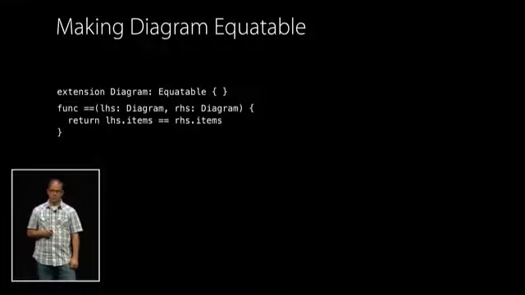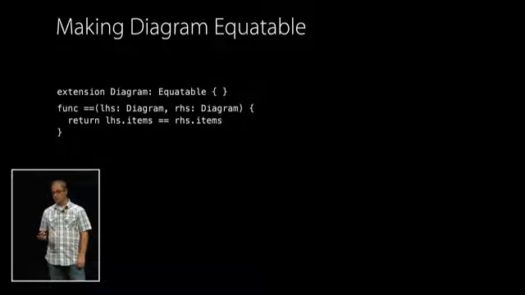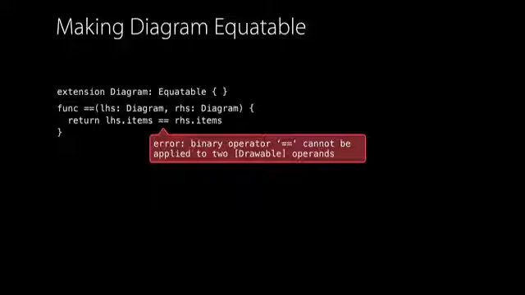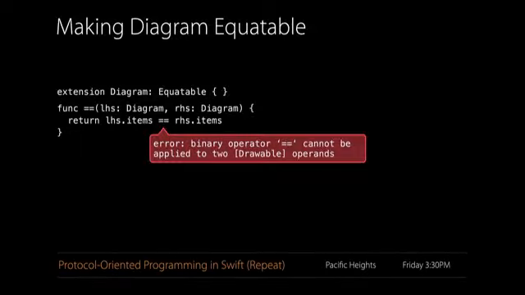Of course, we also want to make our diagram struct Equatable. So we implement the protocol, and this would be the straightforward implementation that we would look at doing. However, if we do that, the compiler says, hey, wait a minute, I don't have an equals equals operator for these two values on either side of that equation. Again, I'll refer you to the Protocol-Oriented Programming talk where we talk through all the details about how that works.